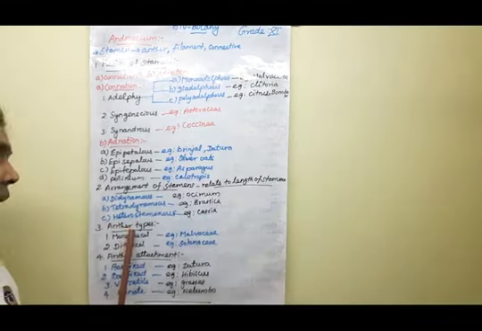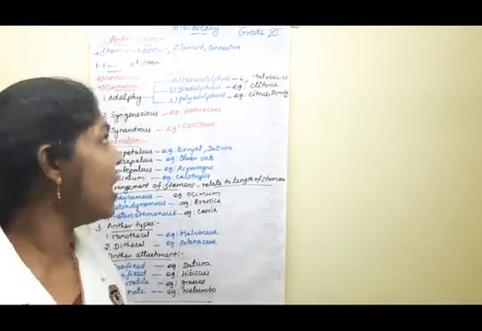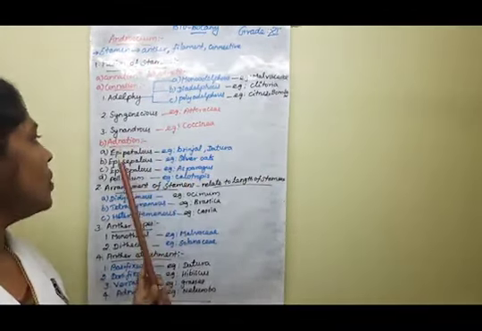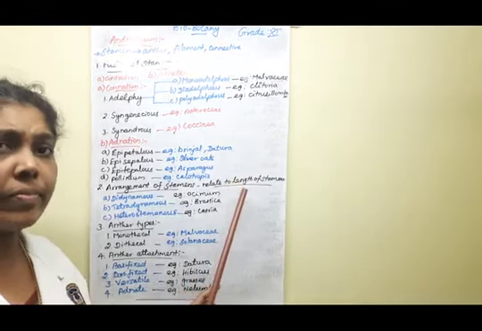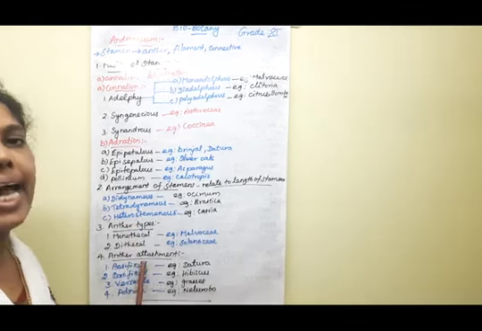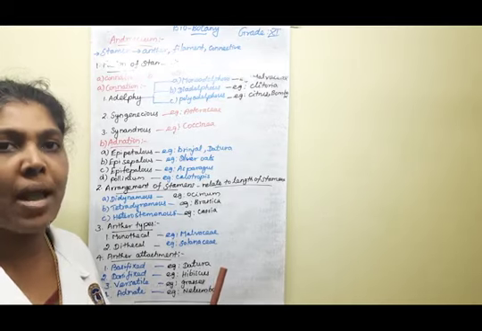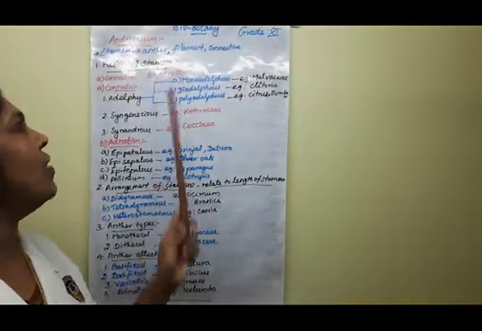The next one, anther types and anther attachments. Understood? First one, fusion of stamens. Then second one, the arrangement of the stamens related to the length of the stamen. The next one, anther types and anther attachments. Let us see one by one.